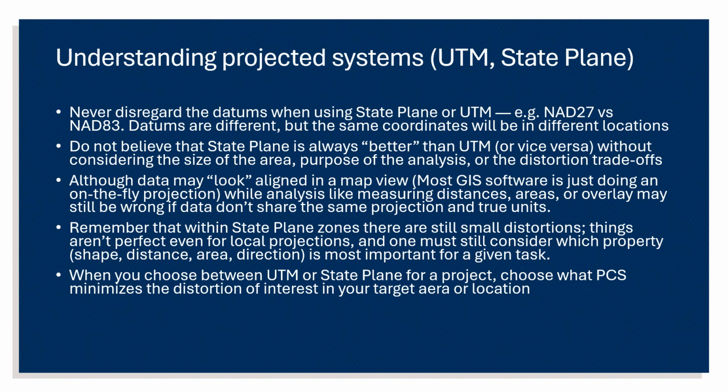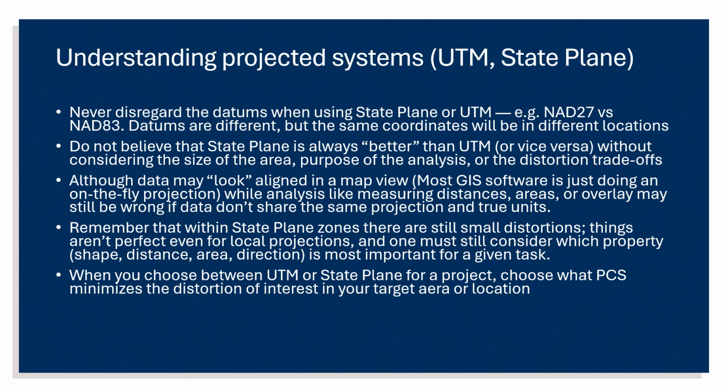Stuff will come out that's not right because everything looked okay when it wasn't. So remember that within state plane zones there are still small distortions, and none of these things are absolutely perfect. But if you're in a state plane zone, within that zone, distortions should be minimal and shouldn't cause you any real issues locally.